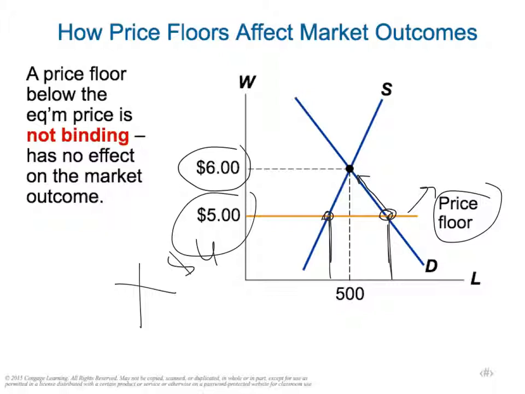So since firms are looking for labor, the price is going to adjust with the forces of market supply and demand to $6. For this reason, a minimum wage below the equilibrium level is not binding. That means the equilibrium wage rate is still a legal price if you impose the minimum wage of $5.